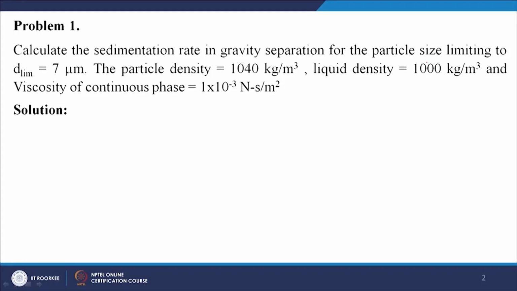Problem number 1 says: calculate the sedimentation rate in gravity separation for the particle size limiting to 7 micrometer, the particle density equal to 1040 kg per meter cube, liquid density 1000 kg per meter cube, and viscosity of continuous phase 1 into 10 to the power minus 3 Newton second per meter square.